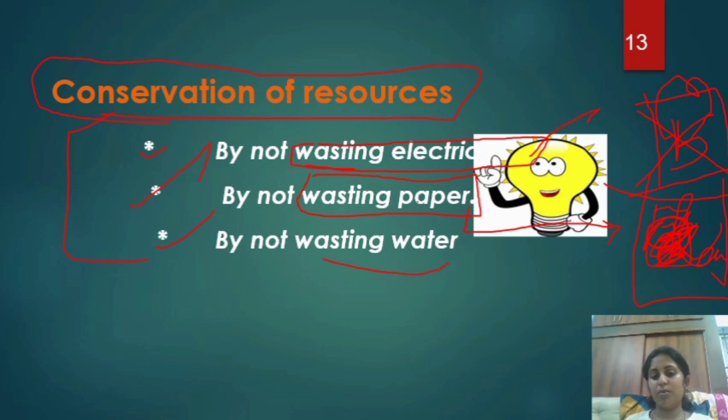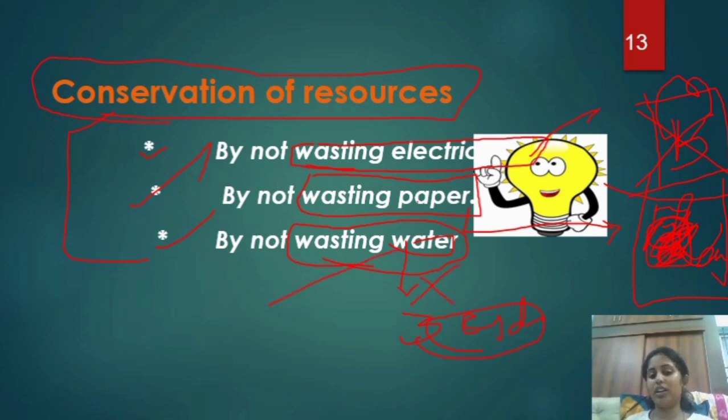Also, most important thing, by not wasting water. Already there is scarcity of water, and a famous person has said the third world war may be because of water only. We should make that false, that there will be no third war. If a third war is there also, it should not be because of water.